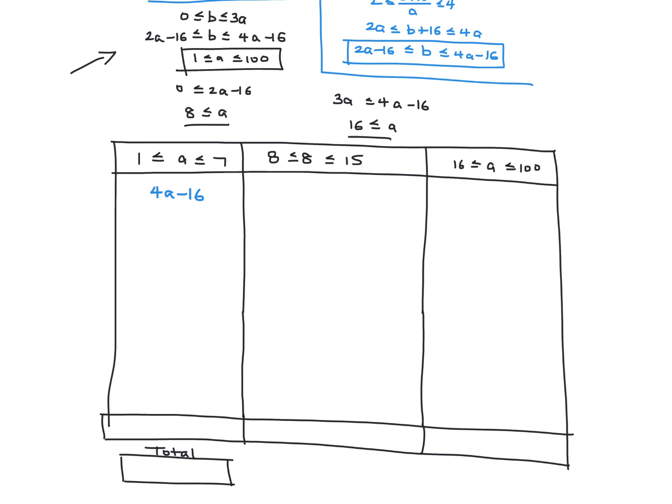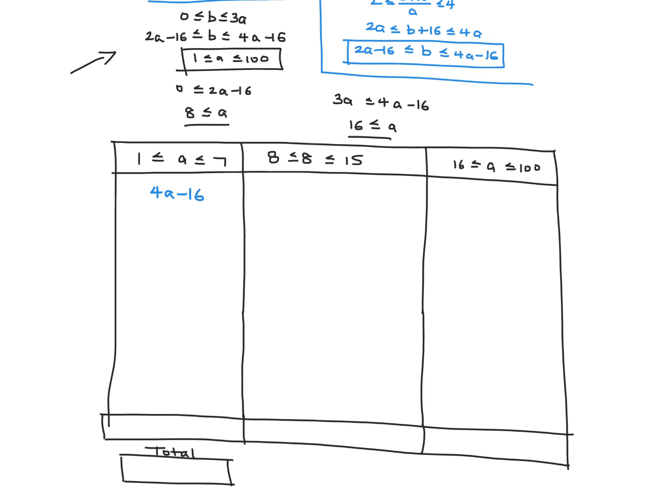If A is 1, well, B has to be greater than 0, right? So if B is greater than 0, 4A minus 16 has to be greater than 0.